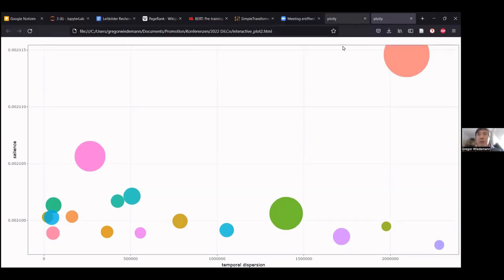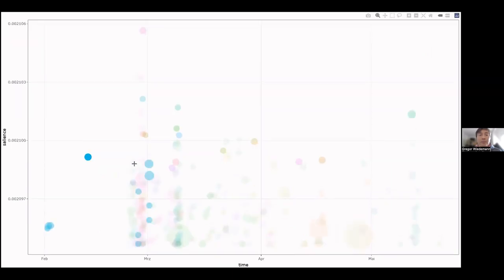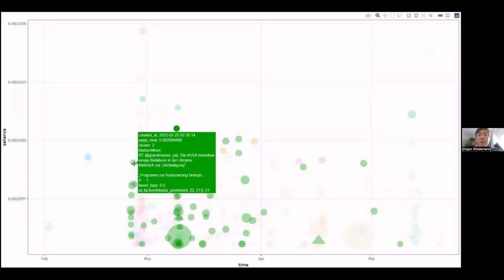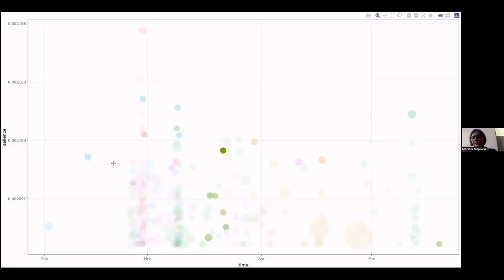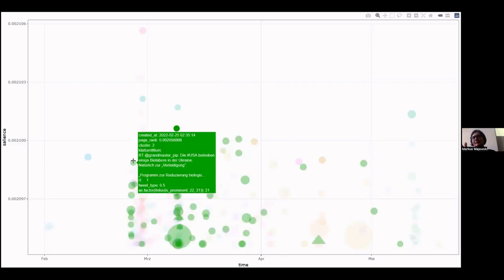So this means how far the different clusters are spread over time. Let me explain this again. We have this greenish cluster here. Is the end of the spreading caused by tweet deletion, or no? This is not deletion.